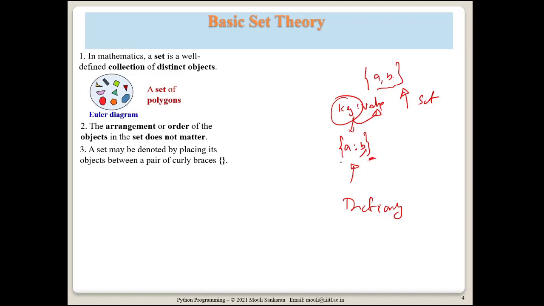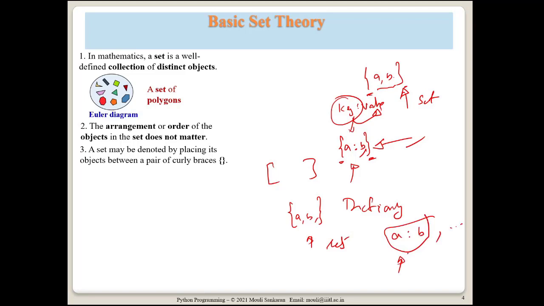So we use curly brackets for both sets as well as dictionaries, which we will cover later, maybe in the next class. Python uses the same syntax for both. Like a list uses square brackets, it treats the braces as a set if the elements are separated by commas, with no element followed by a colon, and if there are multiple entries with colons, then they are dictionaries. That's how the Python compiler differentiates between whether you are trying to define a dictionary or a set.